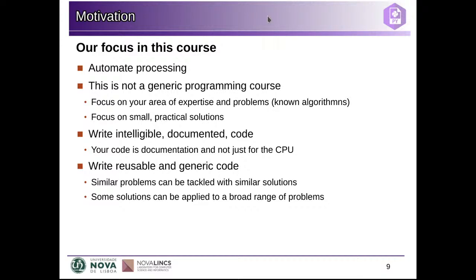So these will be two main concerns that we're going to have. Write code that is easy to read and clear so that we can understand what the code is doing, and also write code that you can reuse and gives you basically a toolbox that you can apply to similar problems.